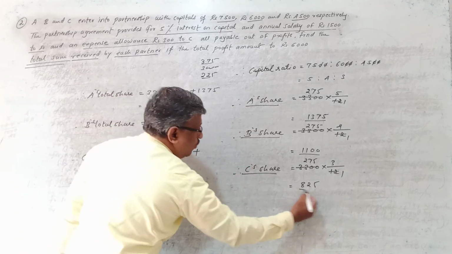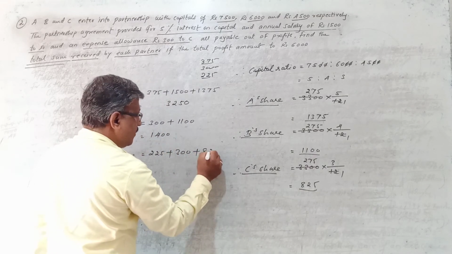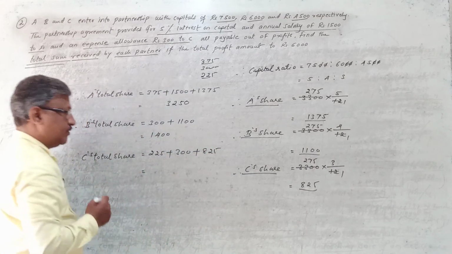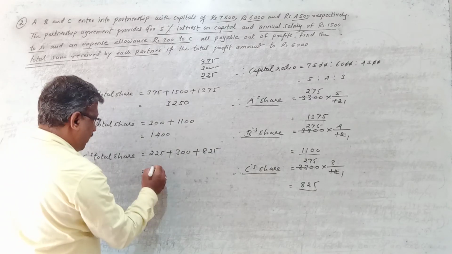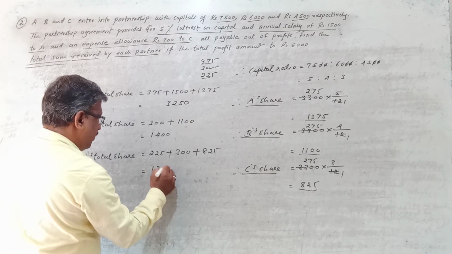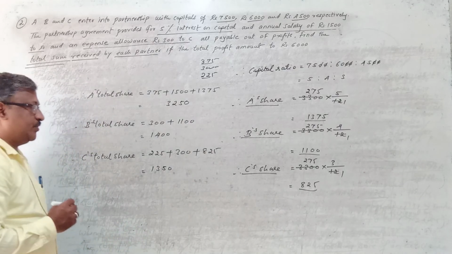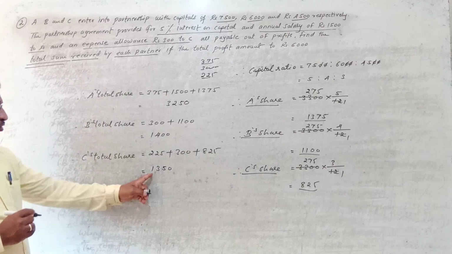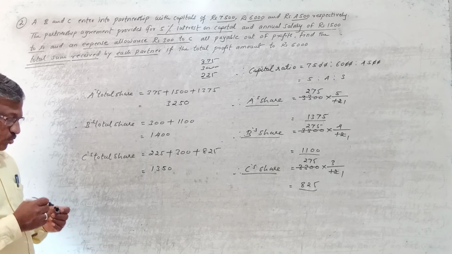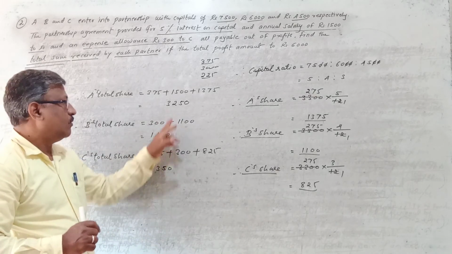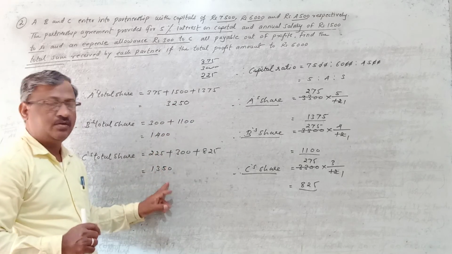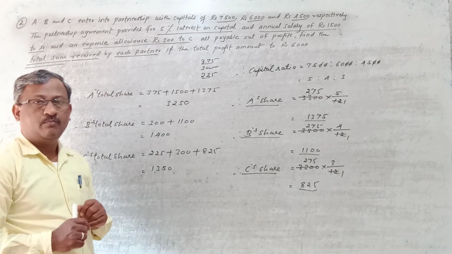Plus he is getting a share out of balance profit, 825 rupees. So make the total of this, and you get 1,350 rupees. So this is called C's total share. These are the total sums received by A, B and C, which they have asked in the problem.